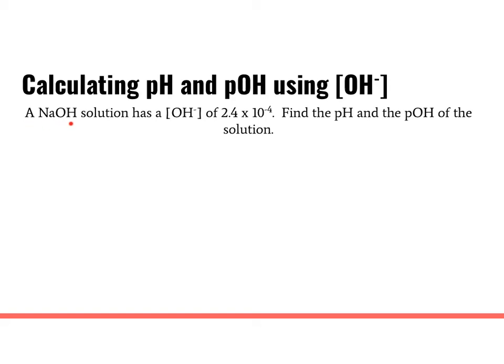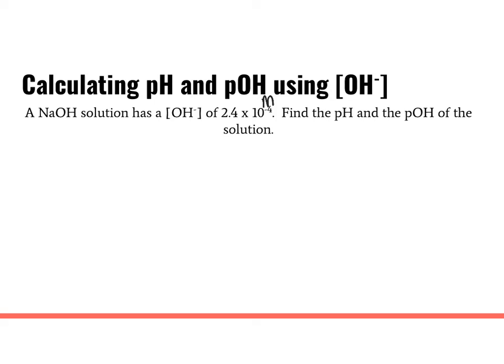So it says an NaOH solution has a concentration of hydroxide of 2.4 times 10 to the negative 4th, and it should also say molar on there. Find the pH and the pOH of these solutions. So first and foremost, we need to be able to figure out what equations we have to use.